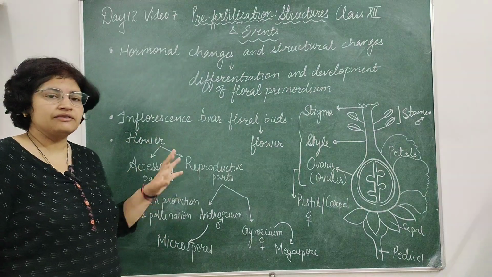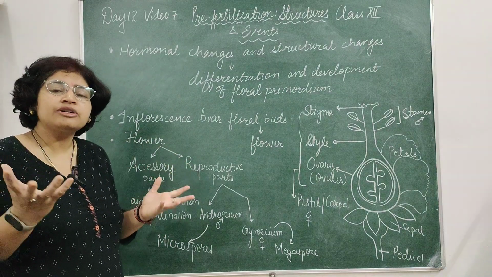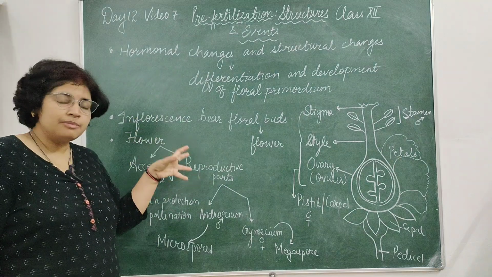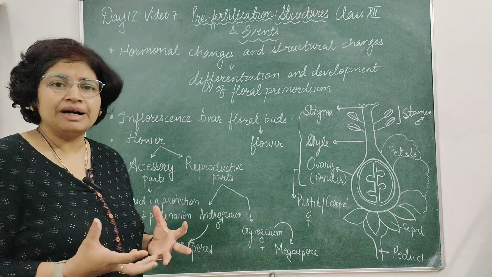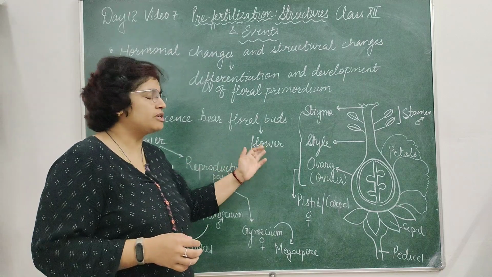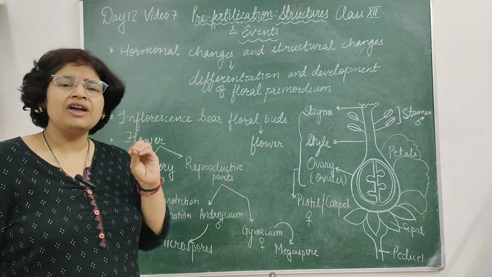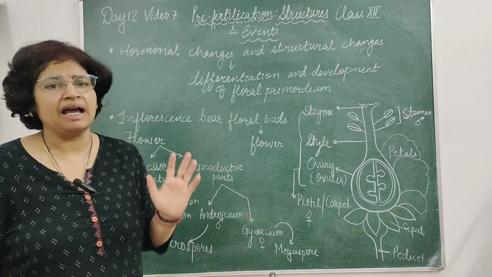So, inflorescence. What is inflorescence? It is the arrangement of flowers over the floral axis. These inflorescences initially bear floral buds, and then they give rise to the formation of flowers. Flower is the reproductive shoot of any sexually reproducing plant.